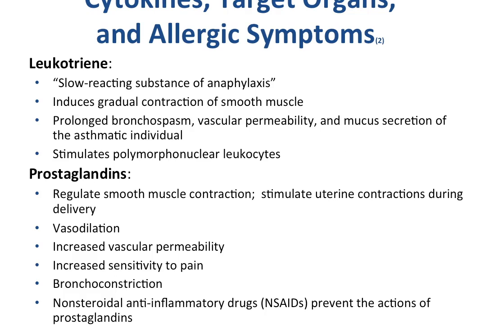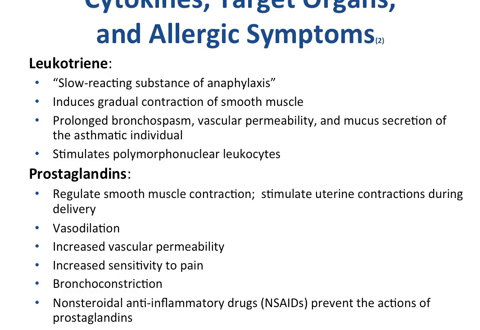Leukotrienes can induce smooth muscle contraction, cause bronchi contraction, and increase vascular permeability. Prostaglandin also can enhance smooth muscle contraction.